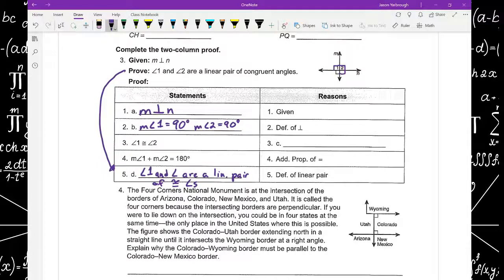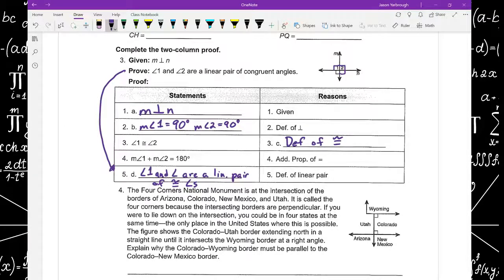Now that we have that both of these are equal to 90 degrees, we can say that they are congruent to each other. Again, switching between equals and congruent: the numbers are equal, the figures are congruent. If you switch it, it's the definition of congruent.